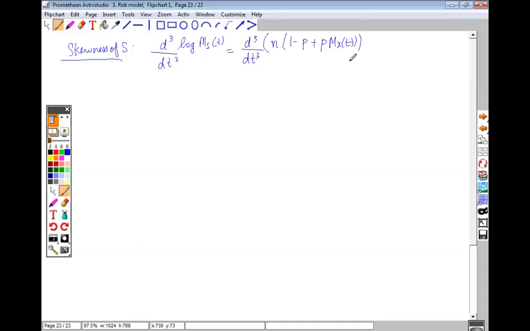Does this make sense to everyone? Yeah, it should be a log there. So it will be n times log of this whole thing. Okay, so now we have to muster enough strength and courage to differentiate this thing thrice. So let us try to do it.